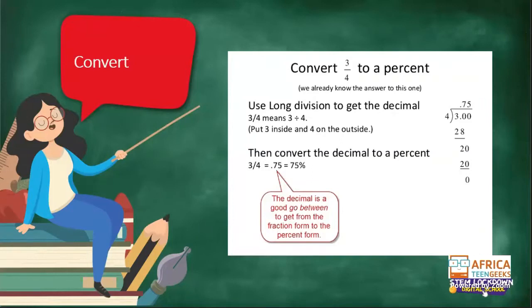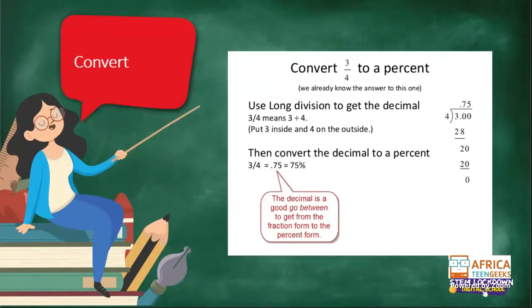And now for us to be able to get the correct number, we need to use the long division, because we are dividing 3 by 4. And we already know that 3 cannot be divided by 4, because 4 is bigger than 3.